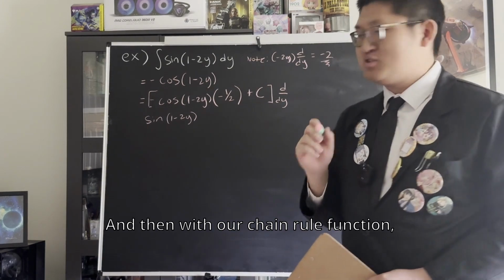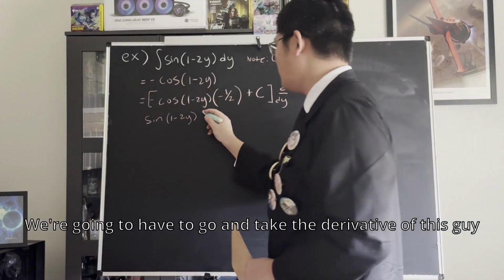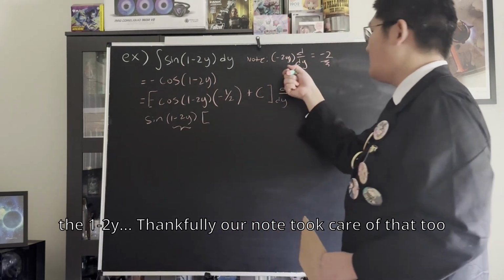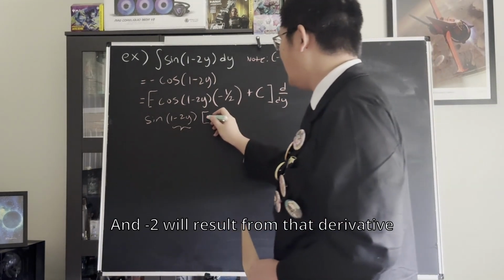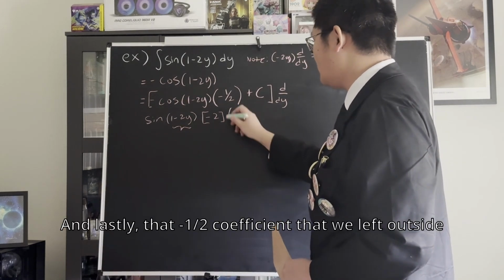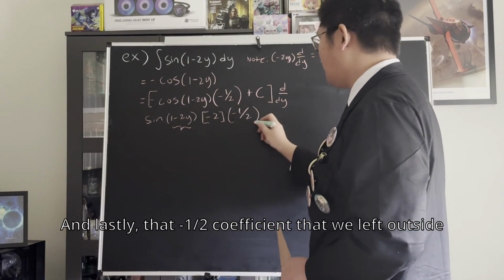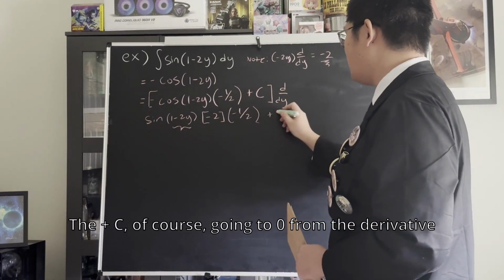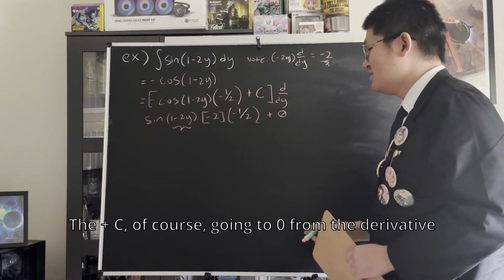And then with our chain rule function, we're going to have to take the derivative of this guy, the 1 minus 2y. Thankfully, our note took care of that too. A negative 2 will result from that derivative. And lastly, that negative 1/2 coefficient that we left outside is going to be waiting for us. The plus c, of course, goes to 0 from the derivative.